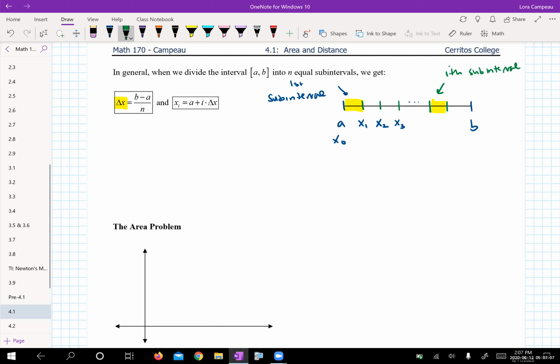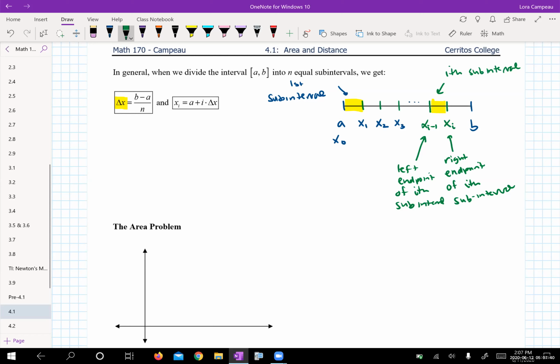And so if you're playing around with those endpoints, if it's the ith subinterval, we have the x of i, which is the right endpoint of the ith subinterval. And then the x of i minus 1 is the left endpoint of the ith subinterval.